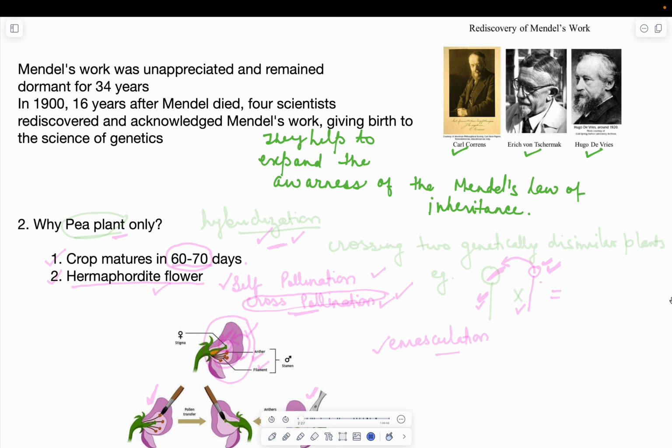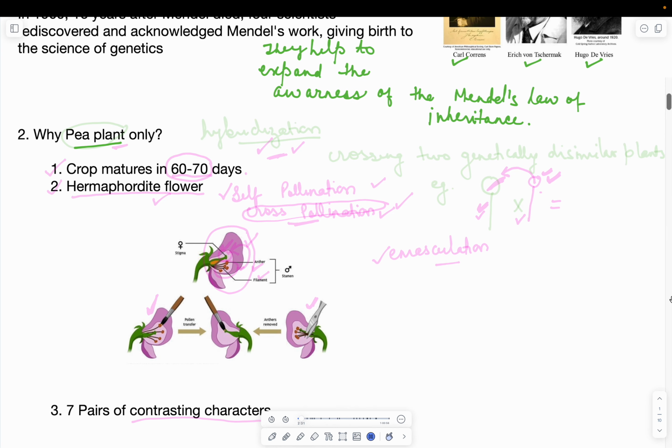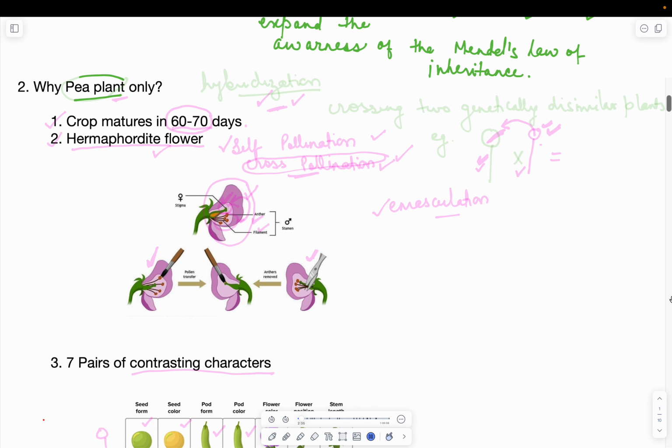So the next point is why Mendel selected the pea plant. What are the advantages of pea plant? Mendel selected this pea plant for hybridization, right? Hybridization is the process of crossing two genetically dissimilar plants.